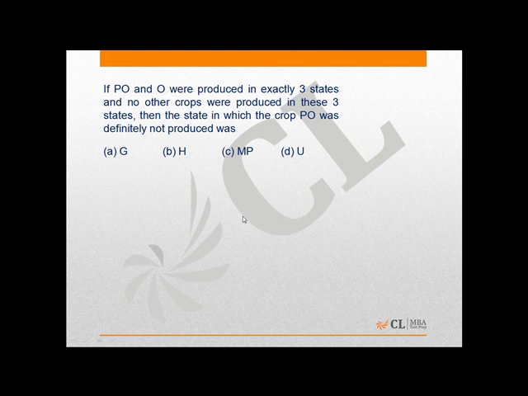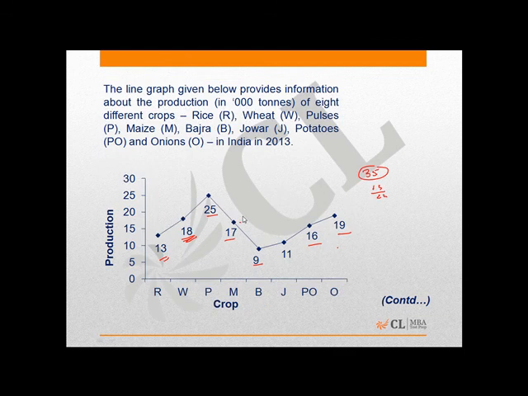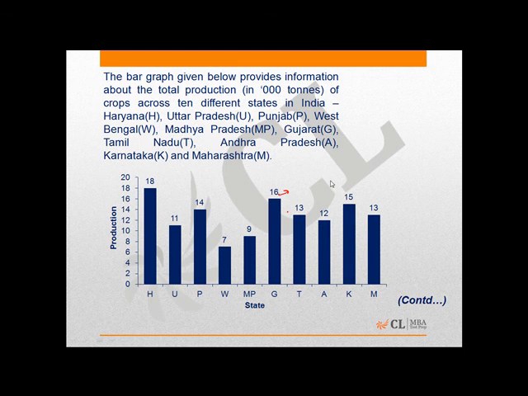Okay, we have to check for 3 states, not 3 pulses, right? So PO and O are produced in 3 states. So this 35 we need to choose from the 3 states. So I have to choose 3 states, the summation of which is 35. Okay.